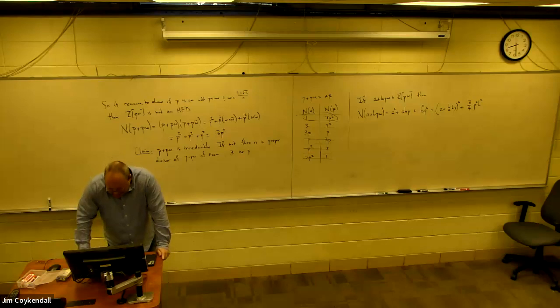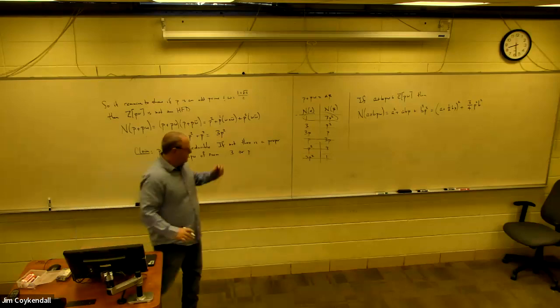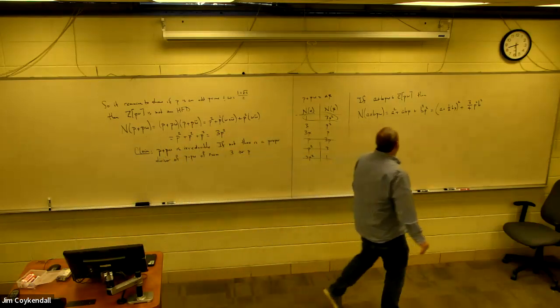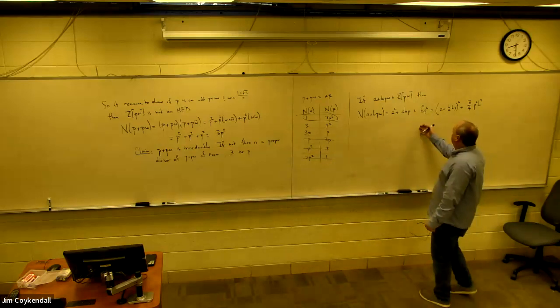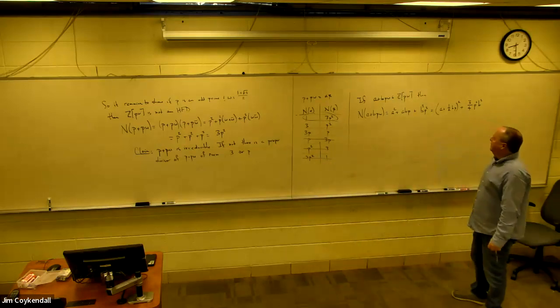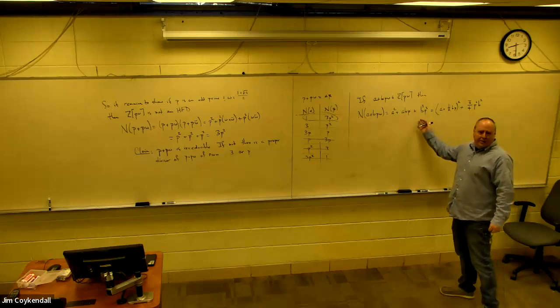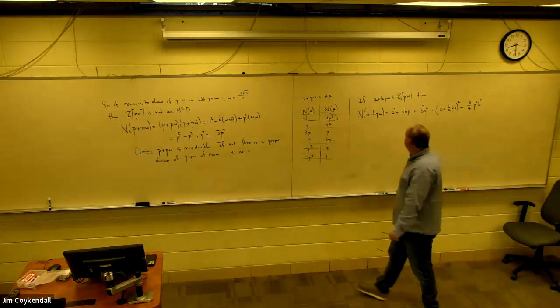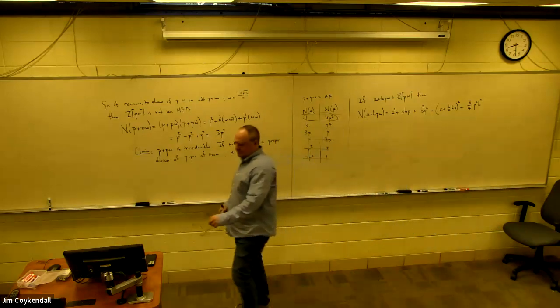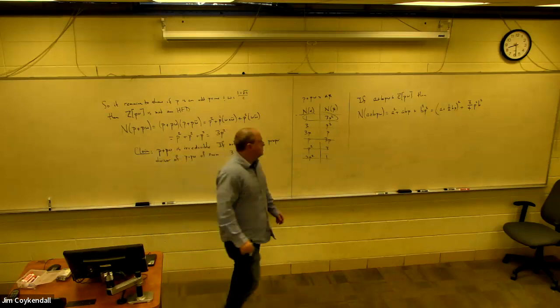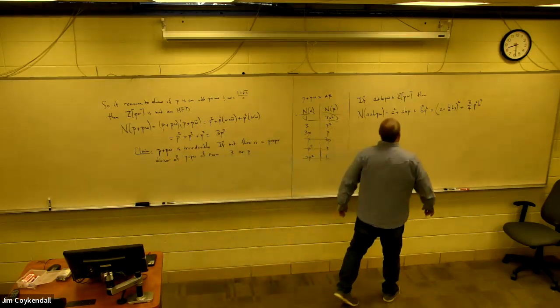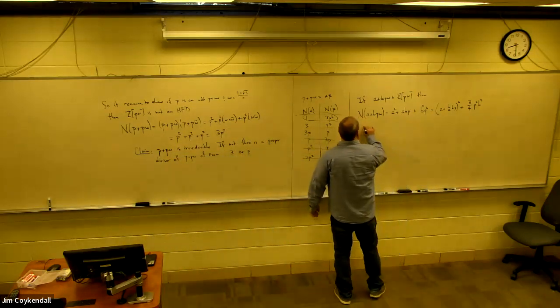Now, the first thing I want to point out here is that it's impossible for there to be an element of norm p. Can someone explain it to me? p would have to divide a.